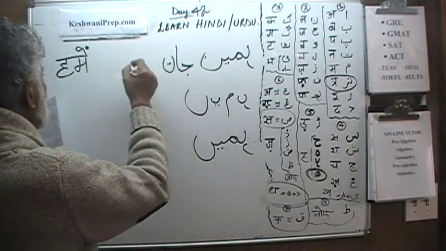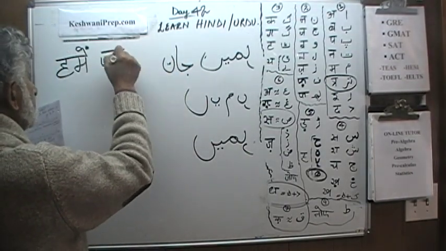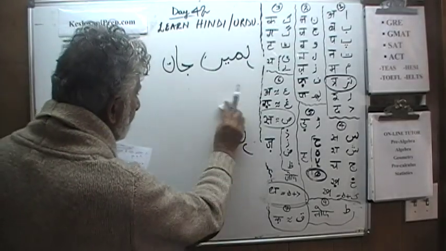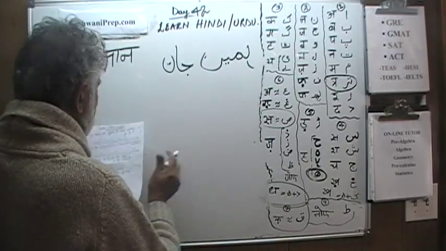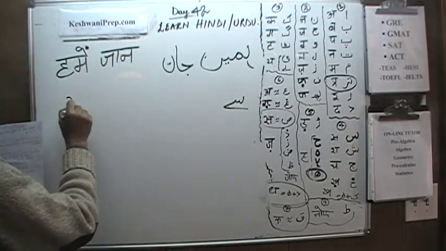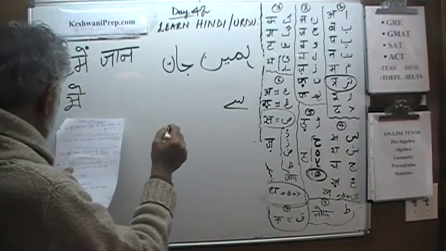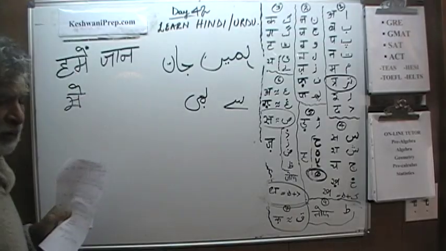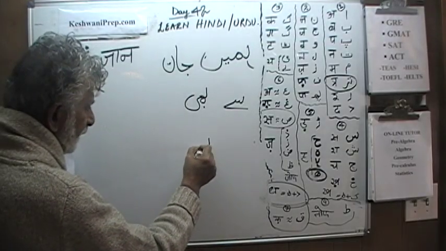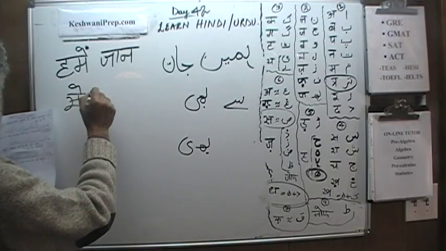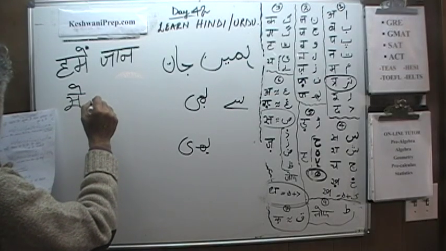Jaan. Se. B. We have done B before. I'm going to explain it. It's a ba. This is the ba with the badi ki matra. How do you write ba?